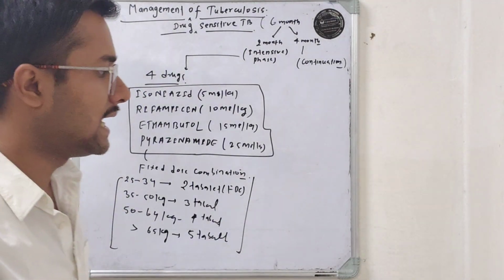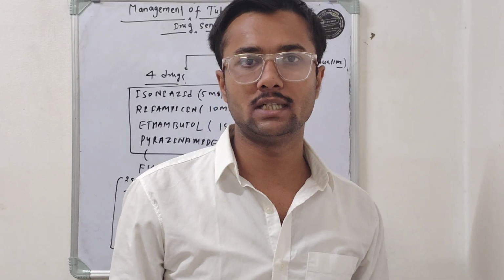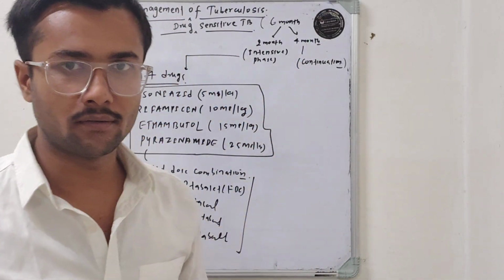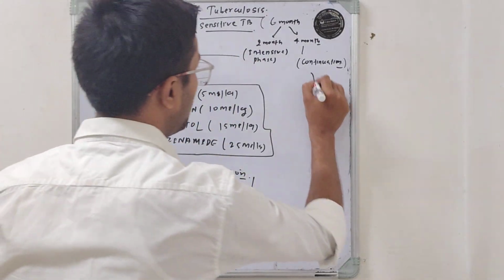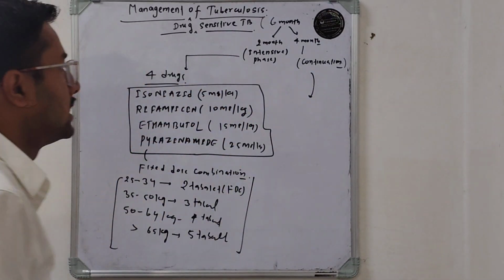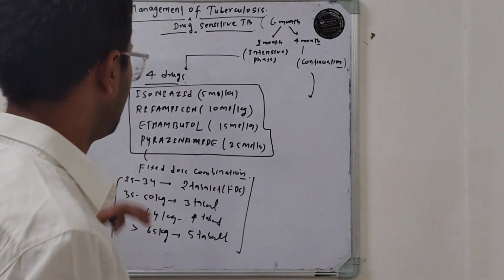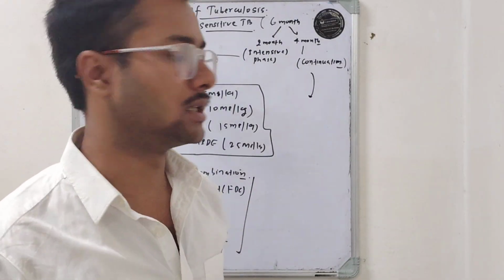This weight criteria is applicable both in the continuation phase and in the intensive phase. So how many drugs are given in the continuation phase? In the intensive phase we give 4 drugs.